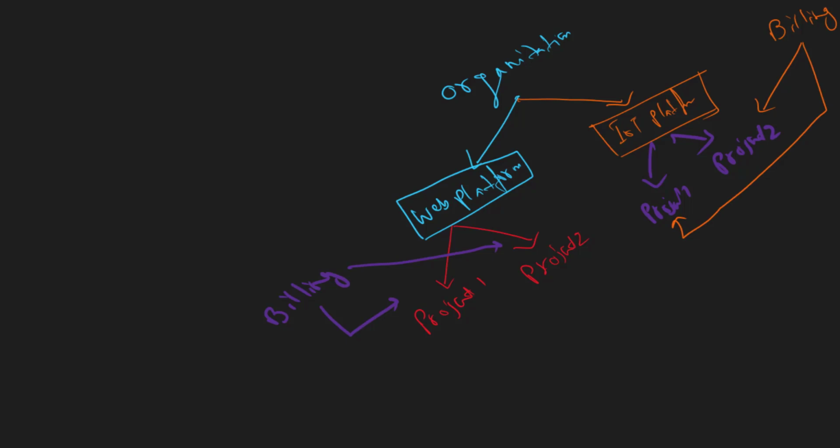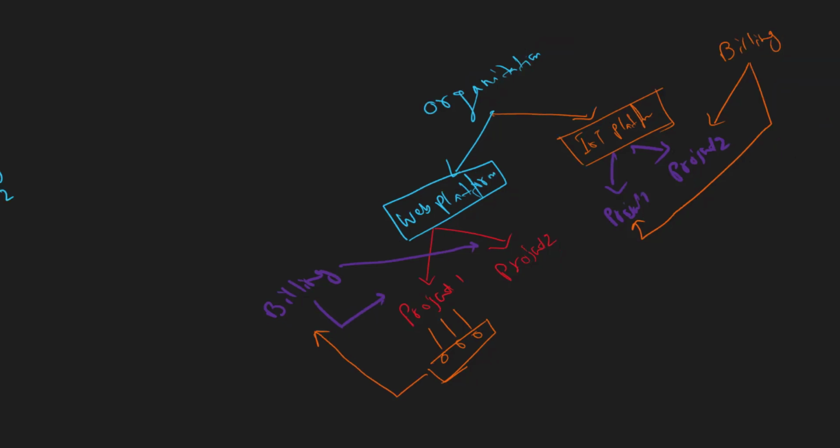Within the projects, you will have all of your resources, and whatever consumption is happening for a particular project's resources will be billed against the billing account that is mapped with it. So let us go back to the Google Cloud Console.